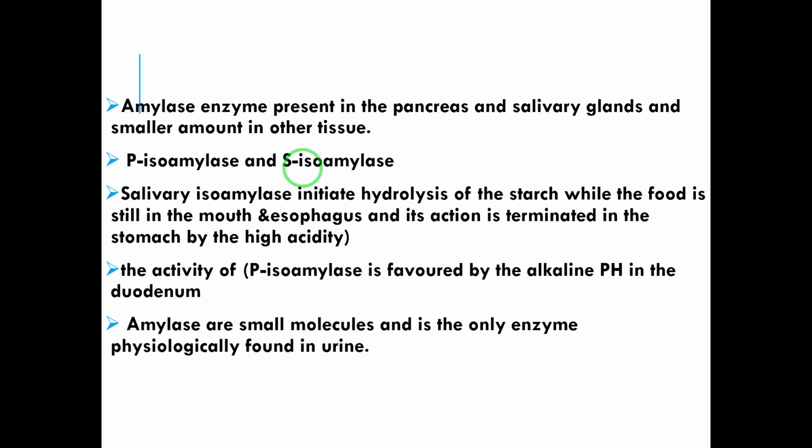The amylase enzyme is a small molecule, so it can pass through the glomerular filtrate, and it is the only plasma enzyme that is found normally in the urine. Because of its small size, it passes through the kidney glomeruli and normally appears in the urine.